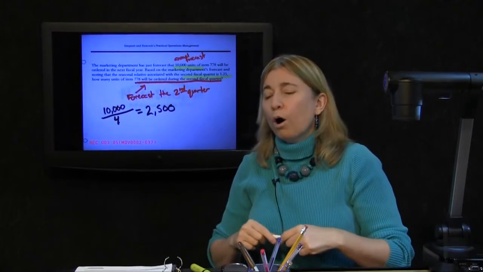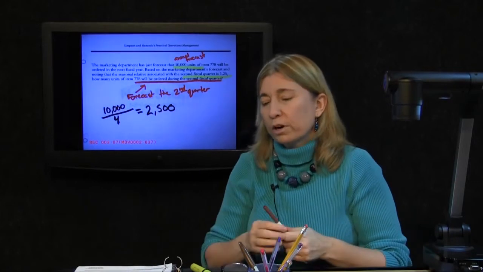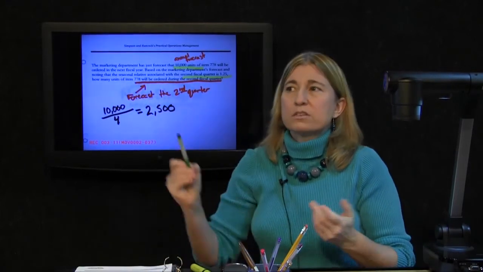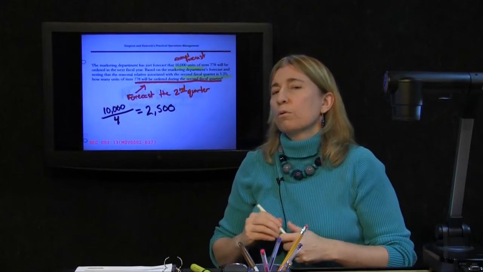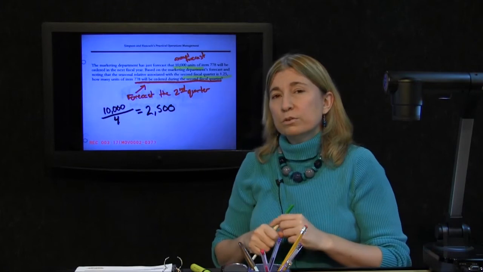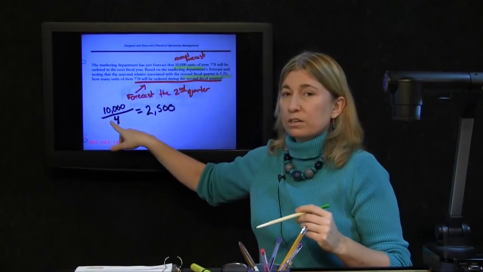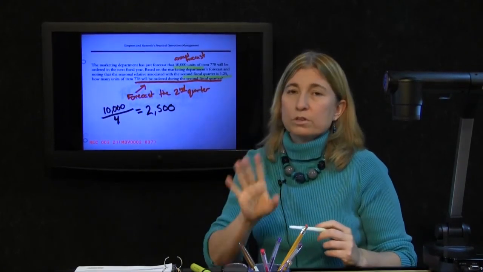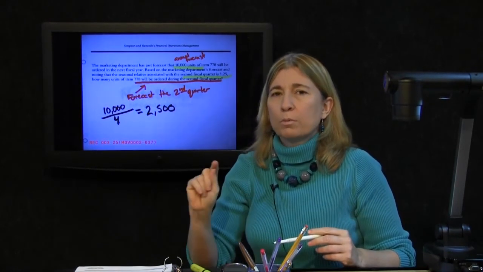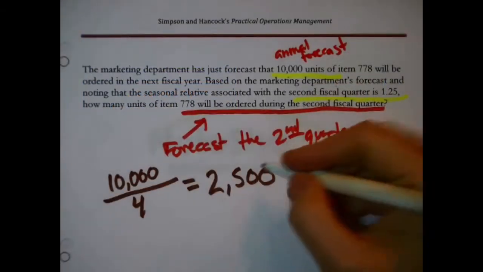So to finish out this forecast to reflect the fact that it's a busier time for orders in the second quarter than in some other quarters, what do we do? We take the deseasonalized number, the simple result of just dividing, and we multiply by the seasonal relative.